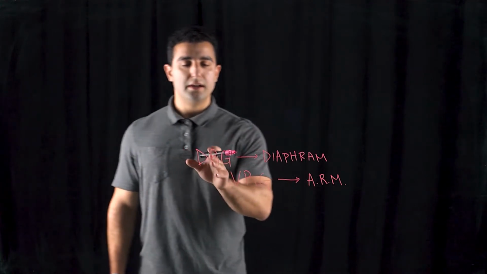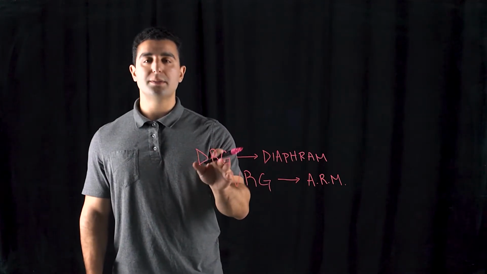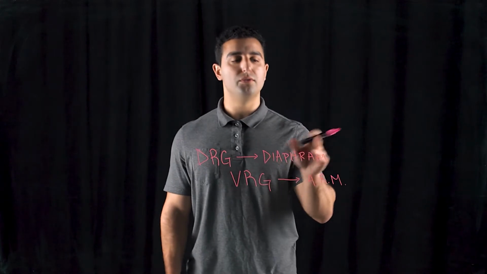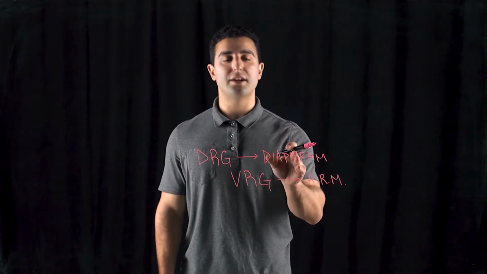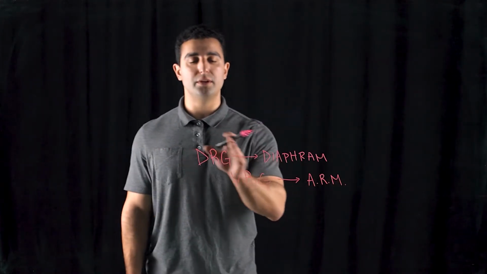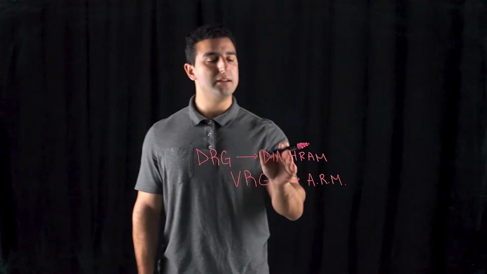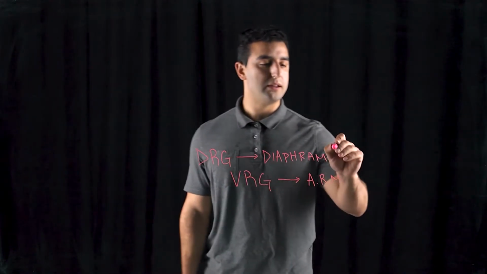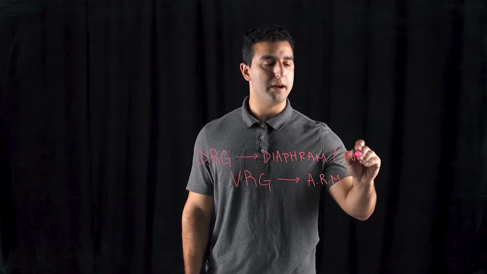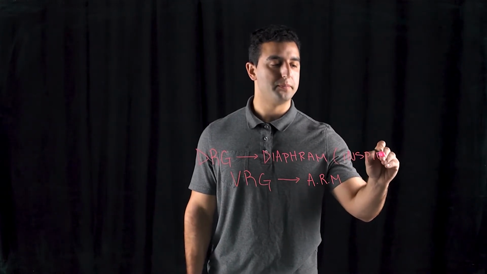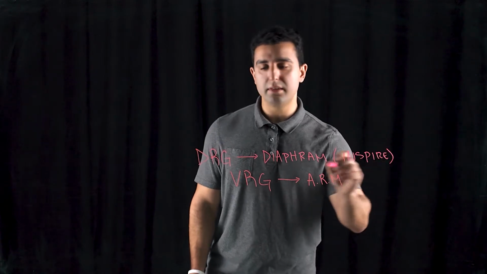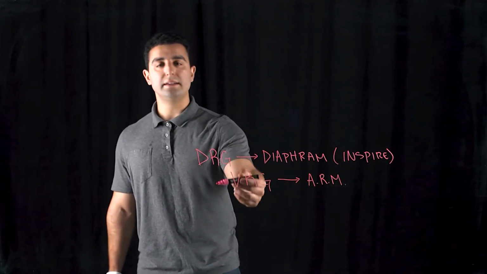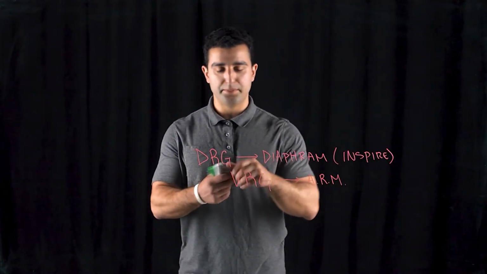So the DRG, the dorsal respiratory group, is involved with the contraction of the diaphragm. Whenever the DRG is stimulated, the diaphragm contracts and you have inspiration. Everything in pink here is specifically in the medulla oblongata.